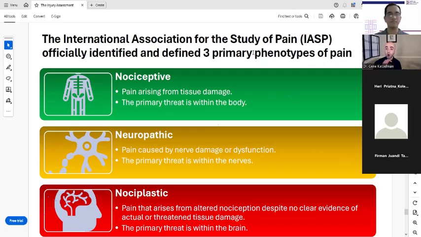It doesn't mean that all nociplastic pain is psychogenic, but psychogenic pain is nociplastic. So nociplastic is one of the biggest categories, and psychogenic is one of the subcategories. Correct.